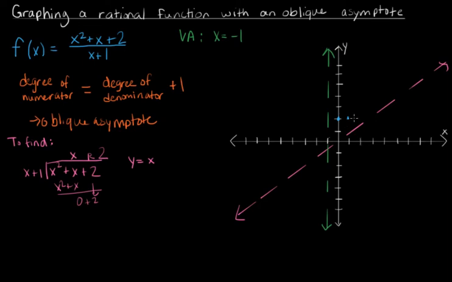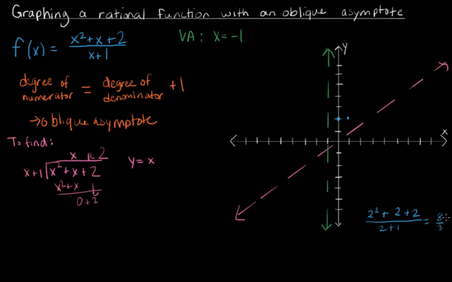But let's go ahead and plot what happens when x equals 2. So that would be 2 squared plus 2 plus 2 over 2 plus 1. So this would be, let's see, 4 plus 4 is 8 over 3.